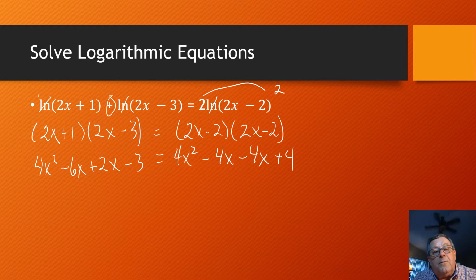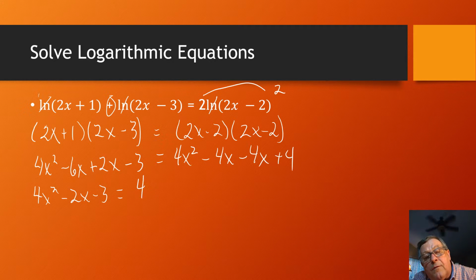Maybe I ought to go ahead and combine like terms first. So I got 4x squared minus 4x minus 3 equals 4x squared minus 8x plus 4.